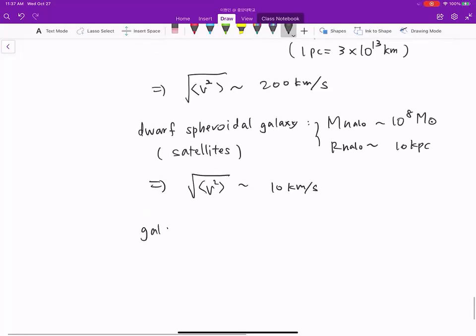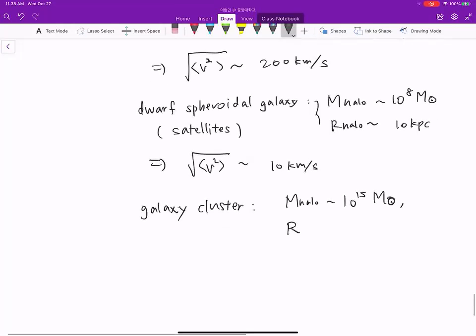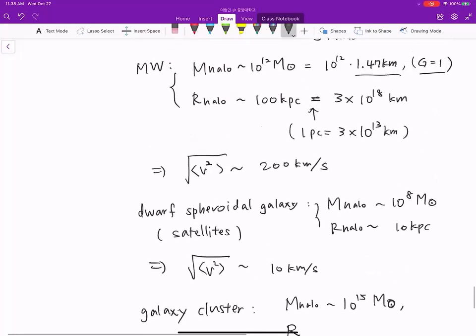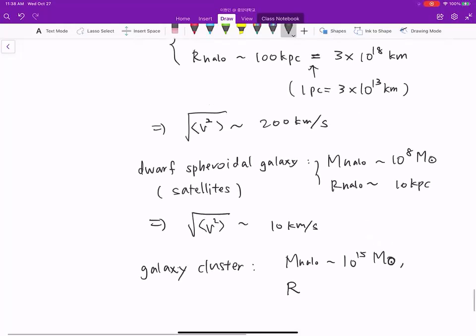And for a galaxy cluster, as we discussed for the Coma cluster, the halo mass is about 10 to the 15 solar masses. Typically one galaxy has 10 to the 12 stars, and one galaxy cluster has about 1,000 galaxies.